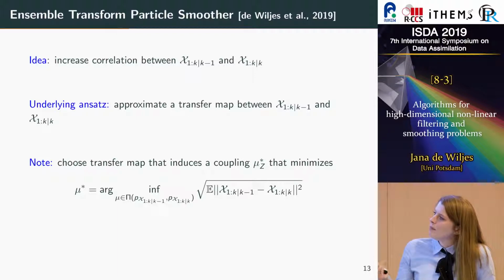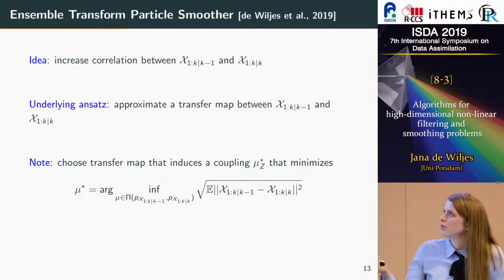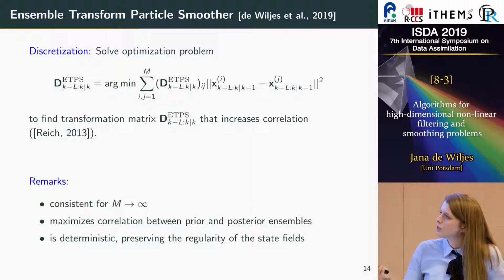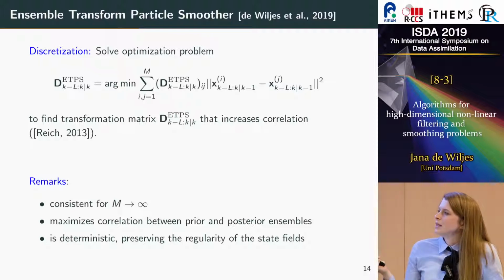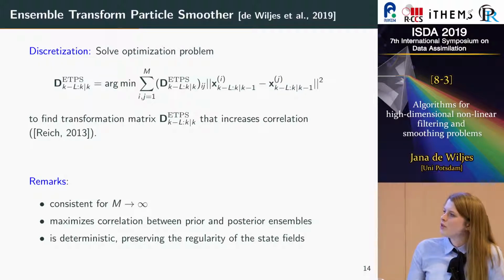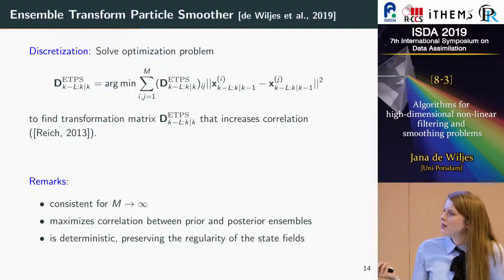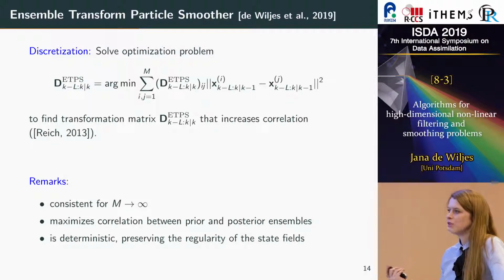So I will not go into details, but the whole idea here is to increase the correlation between the two random variables. The discrete version of this is this here. So you have to solve this optimal transport problem. And the key thing to remember is it's consistent in the limit, and it maximizes the correlation between the prior and the posterior ensemble.